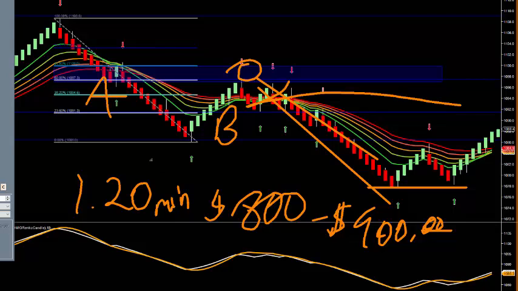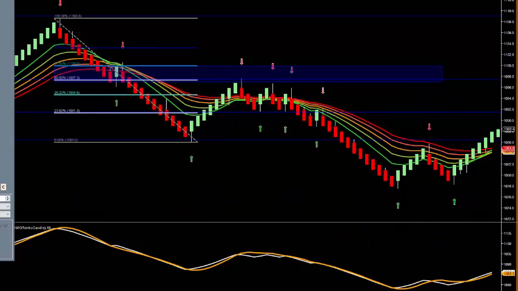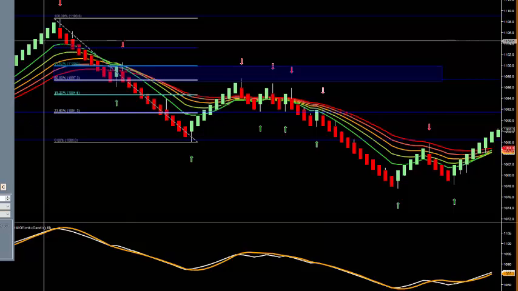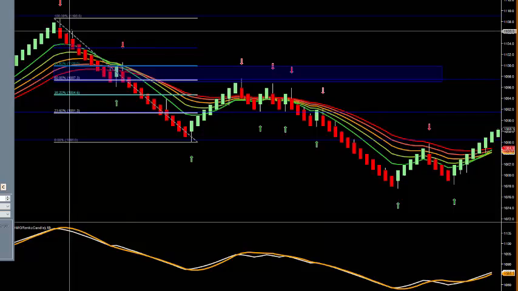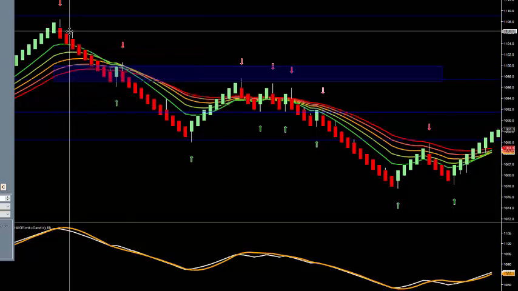So again, keep trading simple, easy, very Barney, and you can make a lot of money in trading. Okay, and that's just to explain to you what the Elliott wave and the Fibonacci line is.